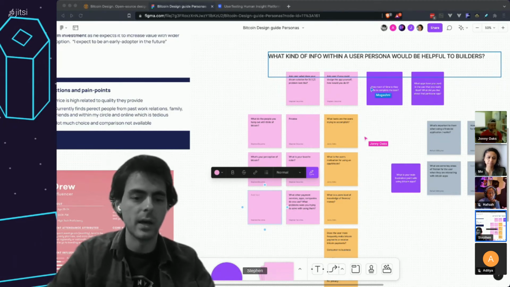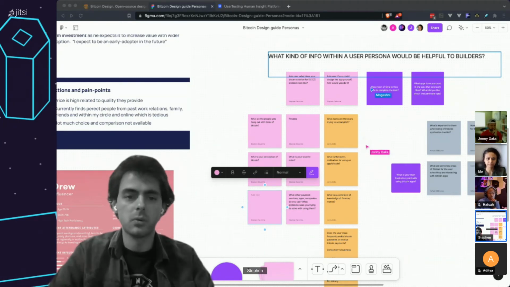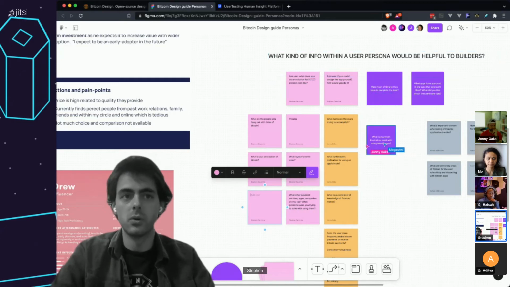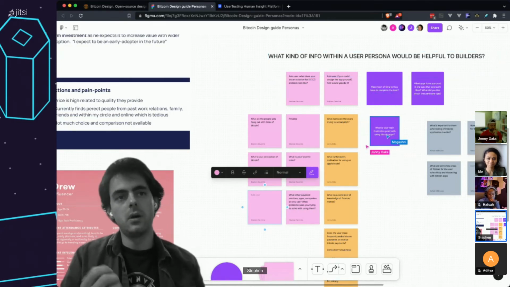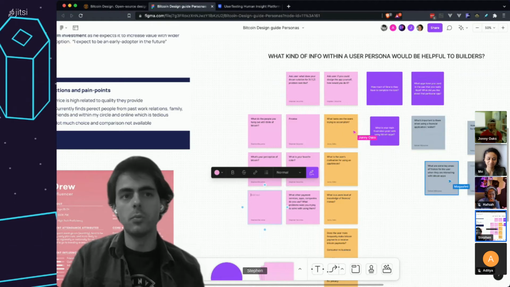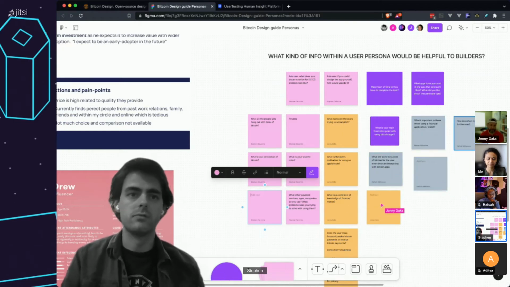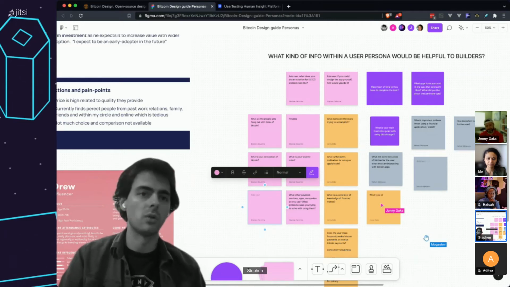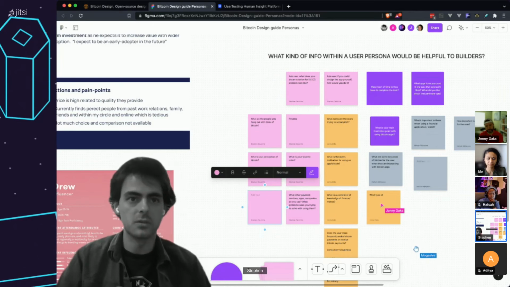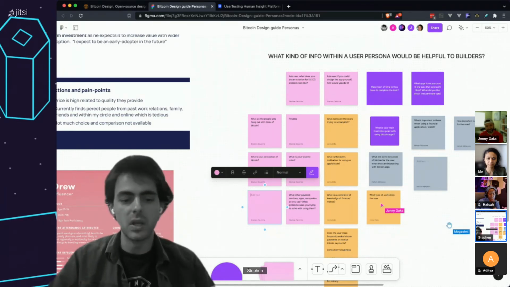But when we talk about what would be useful to builders, my hope, and this might be a fantasy, is that a product designer and a developer are able to collaborate in building something that's really good and meets the user's needs. But it really could be either one of them.